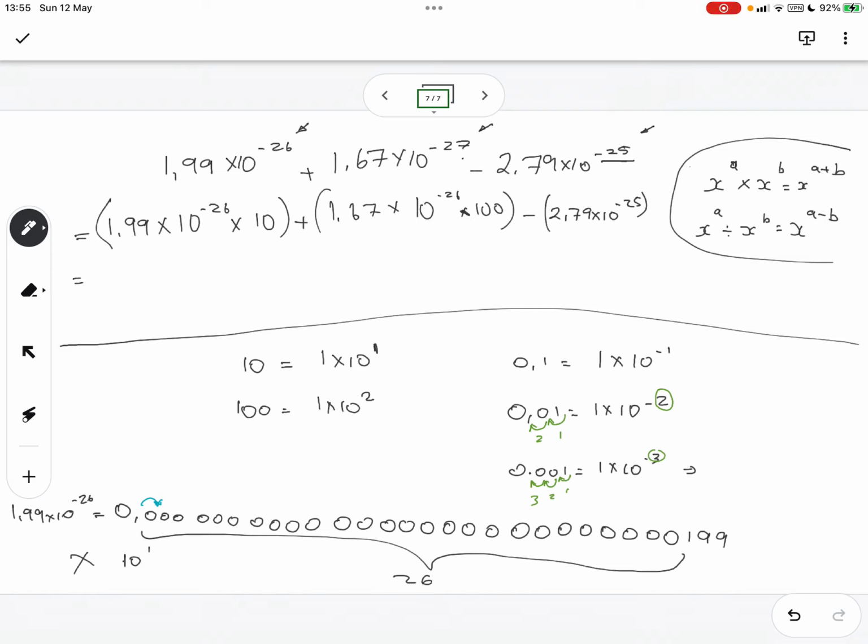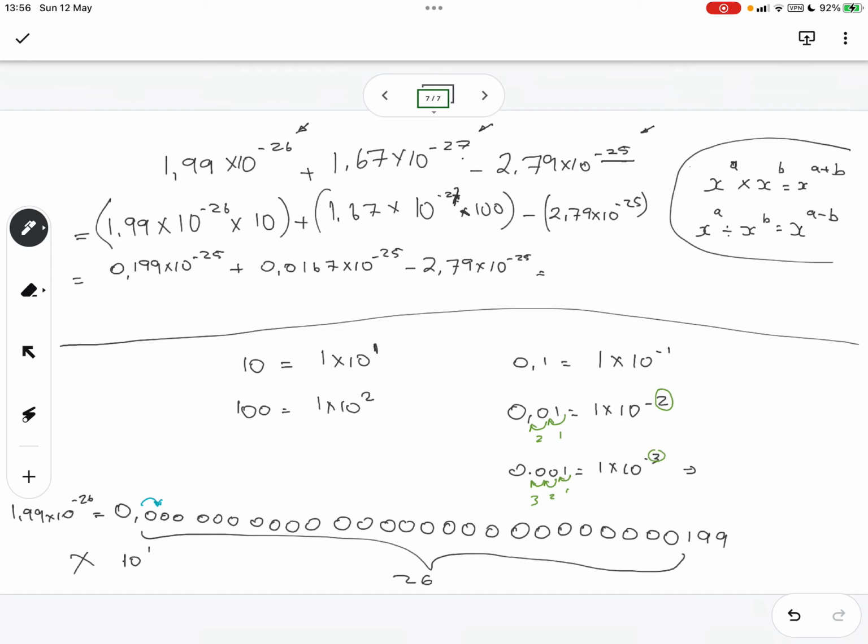So what we're going to have is 0.199 times 10 to the negative 25, plus 0.0167 times 10 to the negative 25, minus 2.79 times 10 to the power negative 25.